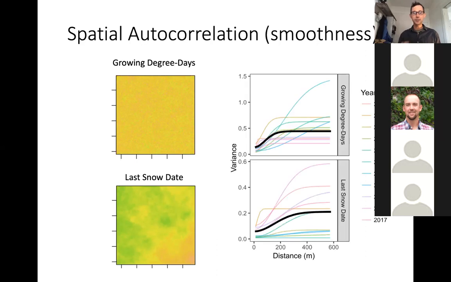So I'm going to show you two sets of variograms for these two different maps. In this case, I want you to ignore the colored lines and just focus on the black lines here.